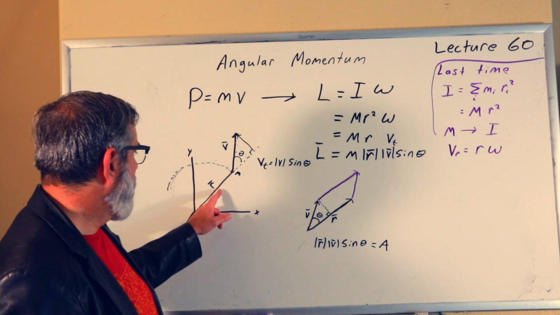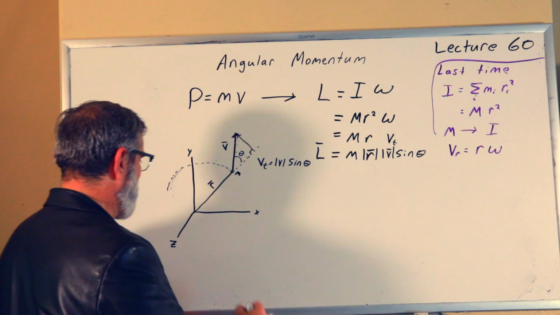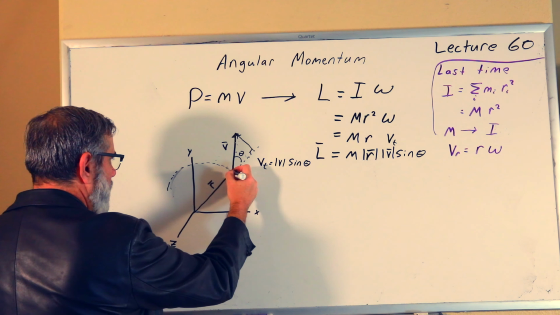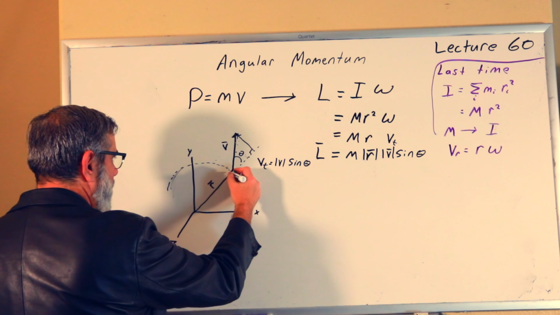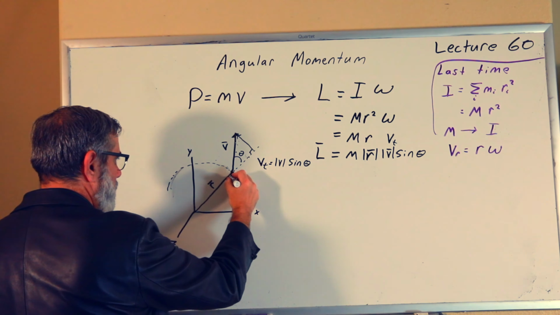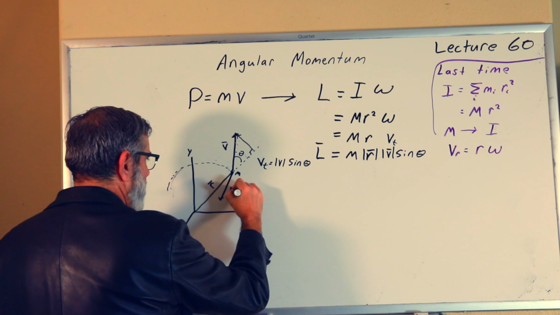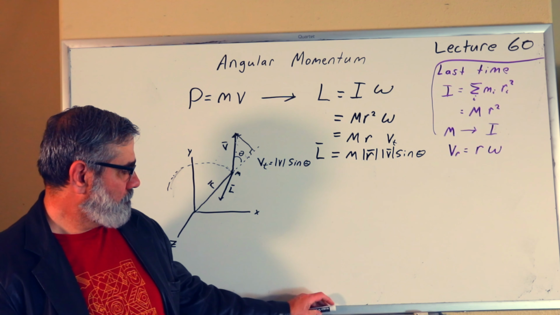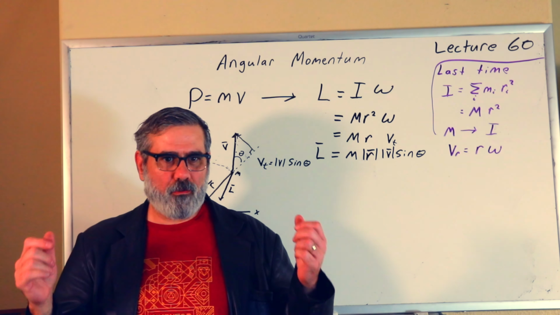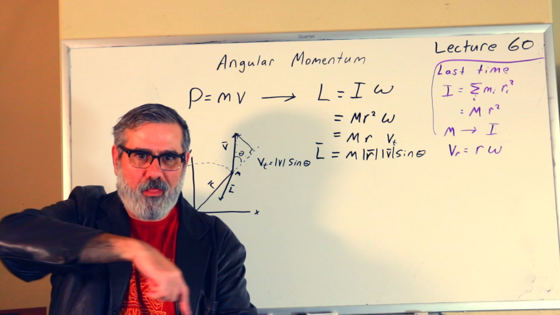But it has a direction, and its direction is perpendicular. So in this case, since this is all in the xy plane, the normal vector will be in the z direction, coming out of the plane. And this is the angular momentum, L. So the angular momentum is coming out of the plane. Think of a bicycle tire, and you hold it and let it spin, such that it spins like this.